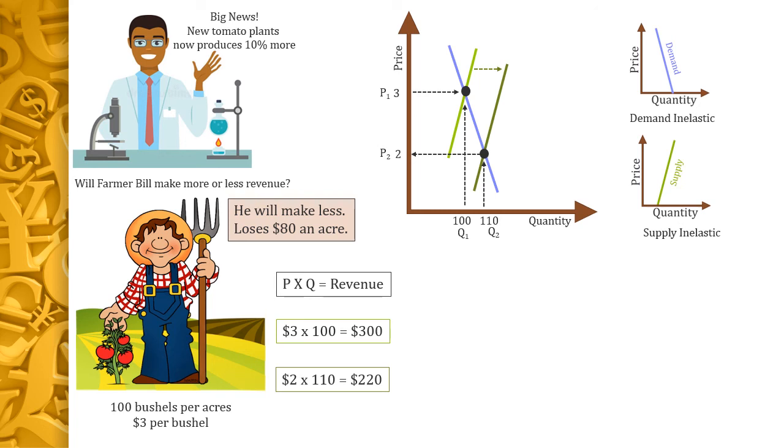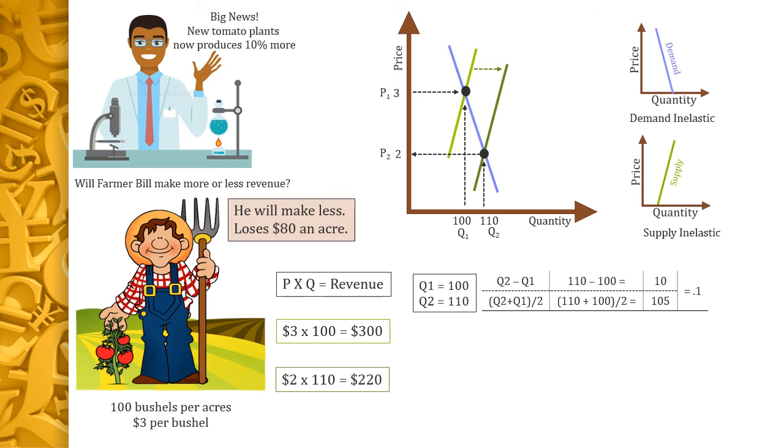But I want to take this on a little further because if this was a test question, you could be asked a bunch of other things such as what is the difference in quantity? So we could take our 2 quantity points and we're going to go ahead and use the top half of the formula for elasticity to figure out our percentage change in quantity. Now the truth is that you already know it's 10% because we said that, and in your head you could do it by 10%.